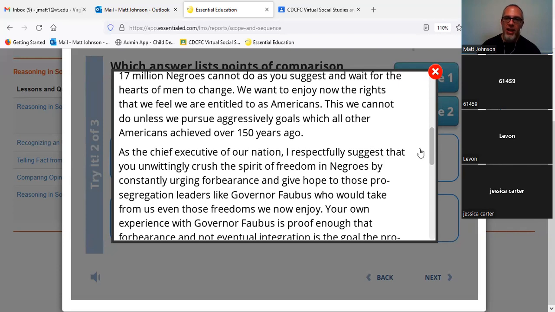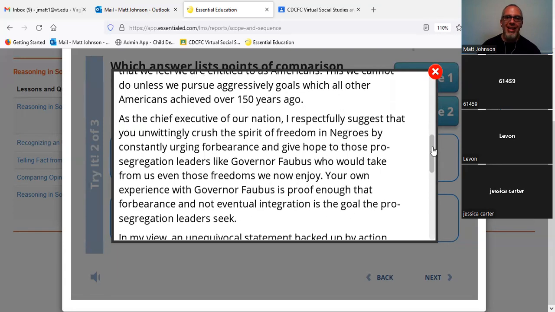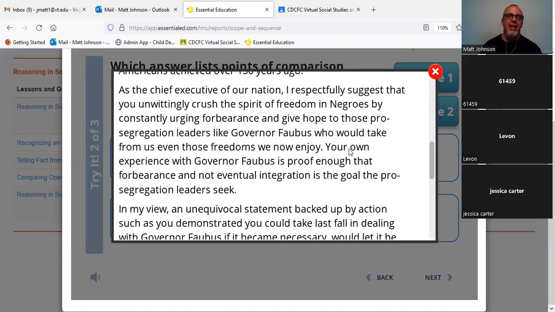As the chief executive of our nation, I respectfully suggest that you unwittingly crush the spirit of freedom in Negroes by constantly urging forbearance and give hope to those pro-segregation leaders like Governor Faubus, who would take from us even those freedoms we now enjoy. Your own experience with Governor Faubus is proof enough that forbearance and not eventual integration is the goal the pro-segregation leaders seek.